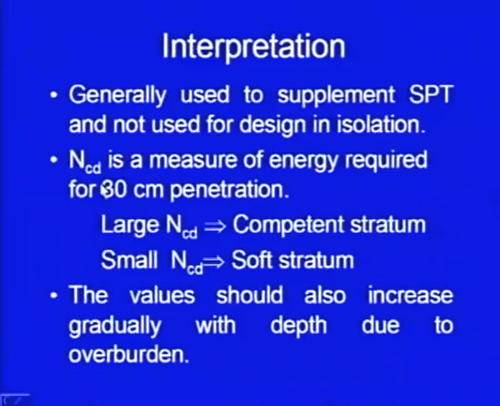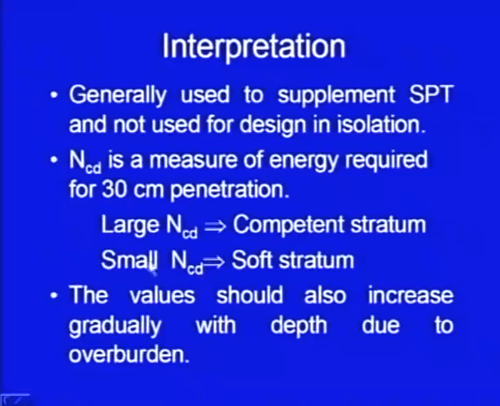Now, this NCD, which is the number of blows for 30 centimeter penetration, is in fact a measure of the energy required for 30 centimeter penetration of the cone. Like SPT, if this NCD is large, it is obvious the stratum we are testing at that particular point will be competent.